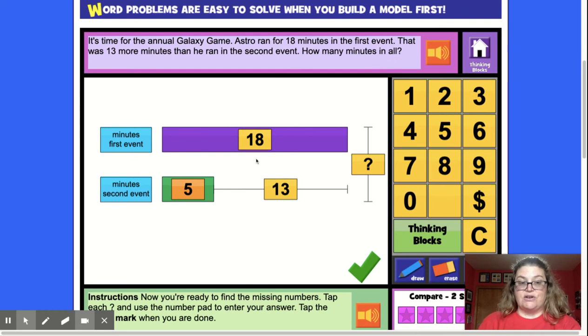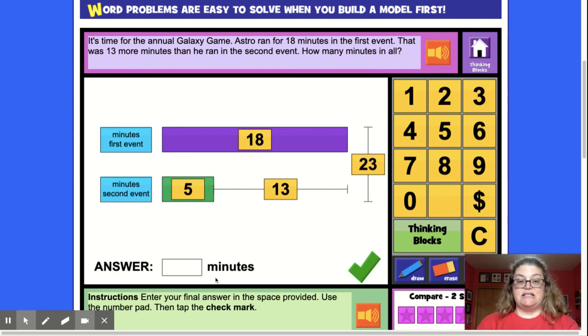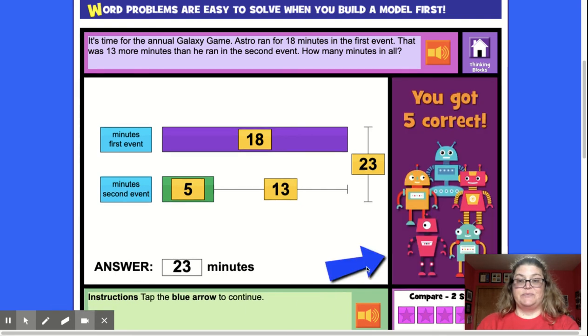Well, the first event he ran 18. The second event he ran 5. So if I combine 18 and 5, I should get 23, which I believe is the total minutes that he ran for both events. All right, so there we go.